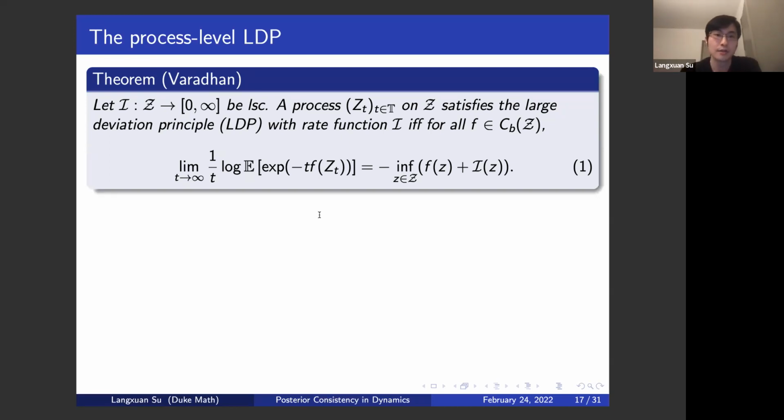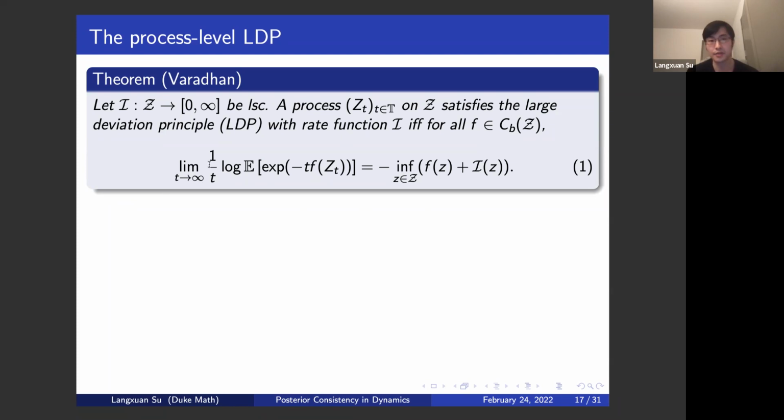Okay. So what is Varadhan's lemma? Varadhan's lemma says that, suppose we have a lower semi-continuous function and a process on some space, then the process satisfies the large deviation principle with rate function I if and only if, for any test function f that's bounded continuous, we have the following asymptotic equality on the exponential scale.